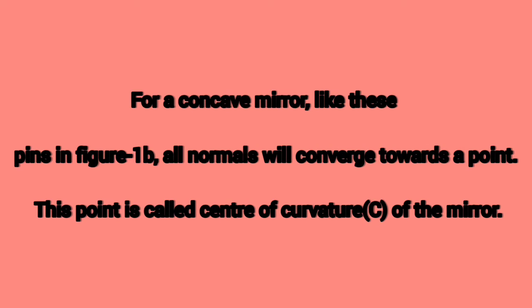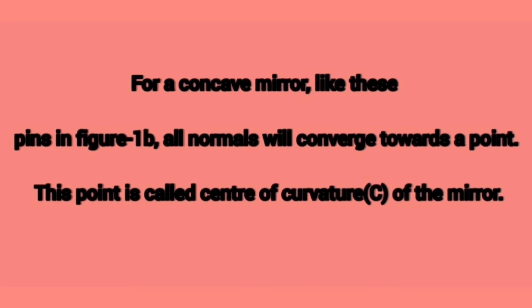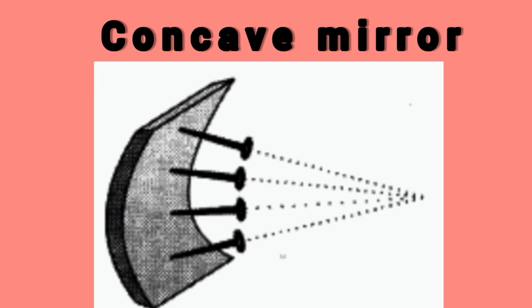For a concave mirror, like these pins in the figure, all normals will converge towards a point. All the normals which converge, intersecting at a point, this point is called the center of curvature of the mirror. So write this in your books.